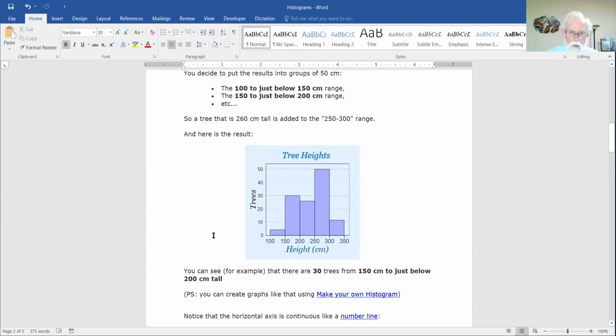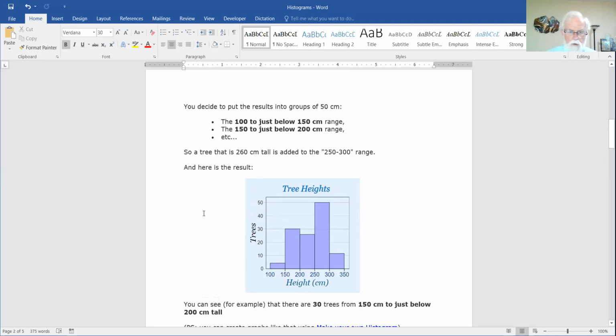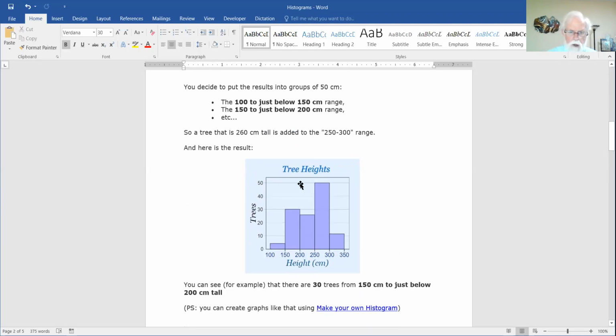So we display this. They've chosen to have 5 ranges, which makes sense when we're looking at this number of trees. We've got 50 here, and again, the scale depends on the data. What you want is to take up a good portion of the graph, but you want to leave some blank space at the top to show for sure that the data stop at this point of 50 in this case.